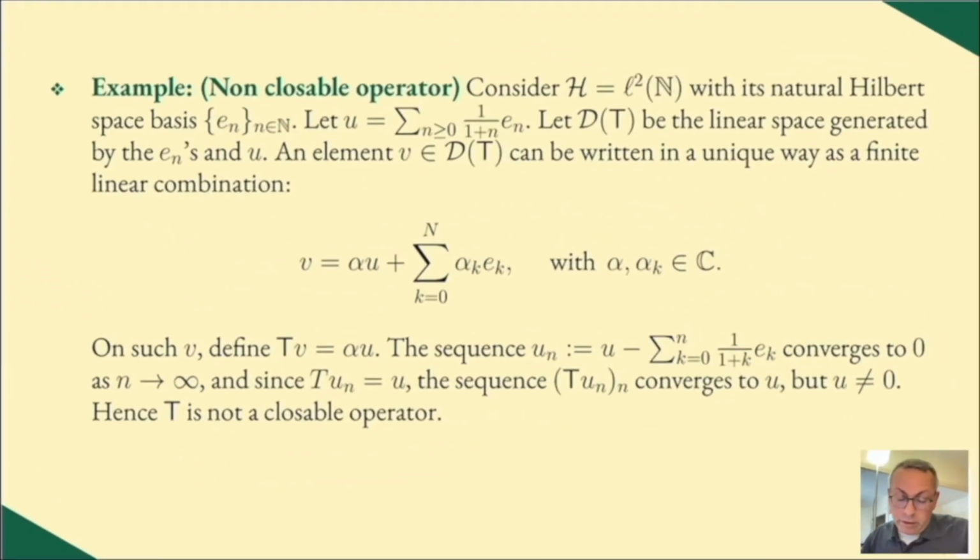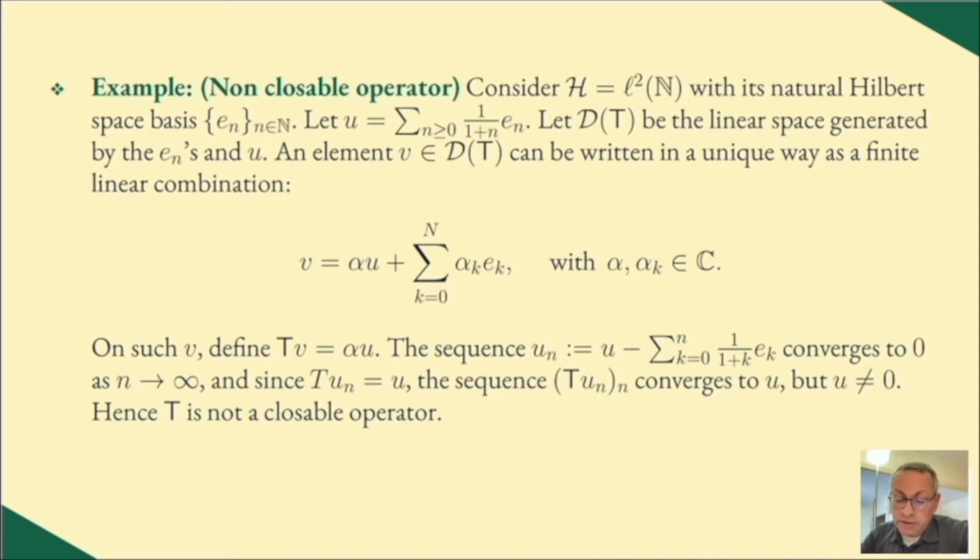Now, an example of a non-closable operator. We will work here in the case where H is little l2 of n, and e_n is the standard basis. I will introduce one element here, u, which is defined as the sum over n of 1 over (1 plus n) times e_n.